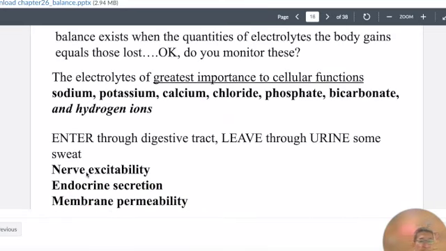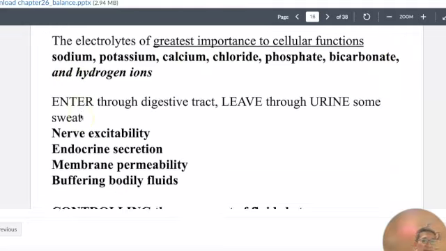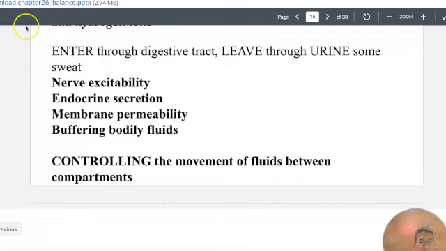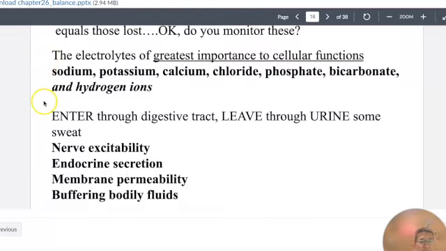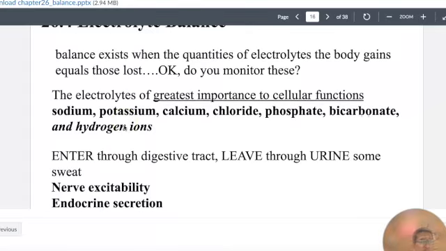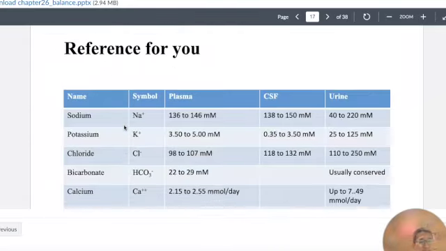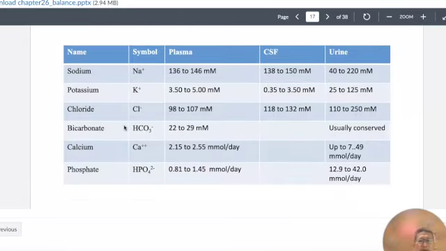So of course they are sodium, potassium, calcium, chloride, phosphate, bicarbonate, and hydrogen ion. And most of these, if there's too much, will leave through the urine. Very little through the feces, but sometimes it does. This is for your reference.